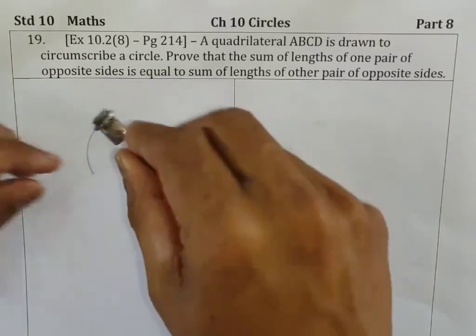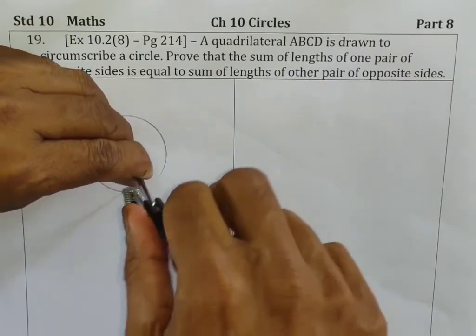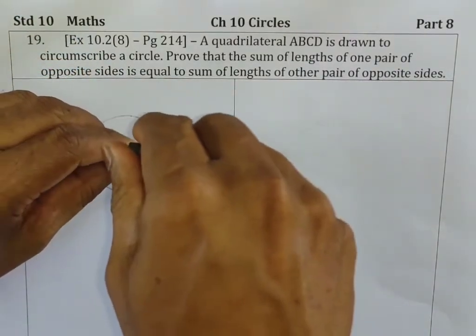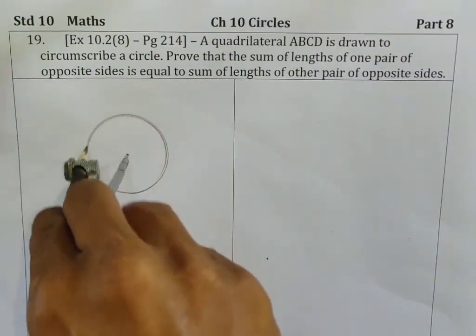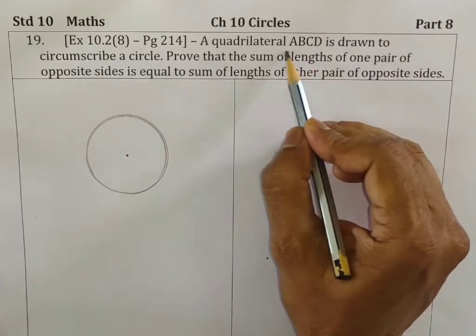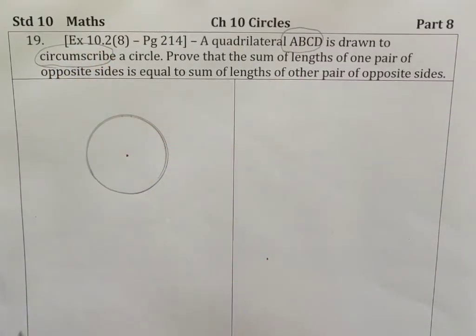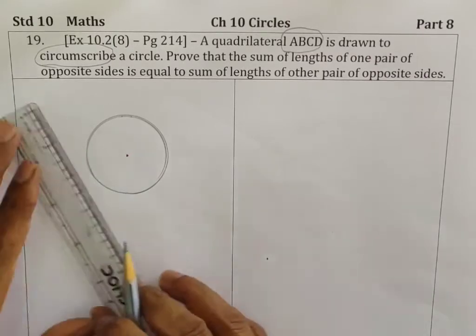Children, here is one circle. Okay, this is one circle. You can understand outer circle. Alright. Now there, quadrilateral ABCD circumscribes the circle. Means all four sides of quadrilateral touch the circle.